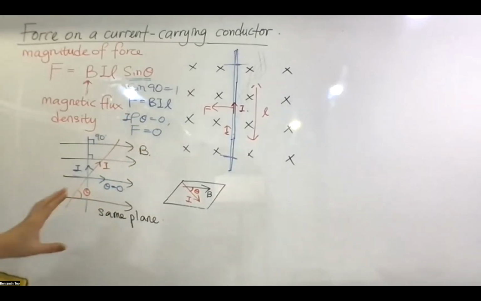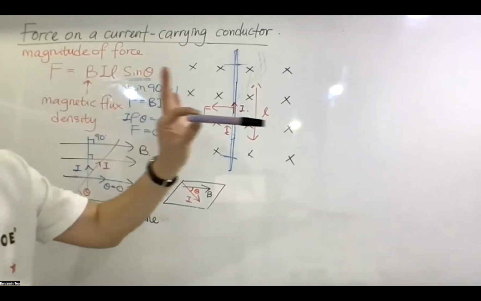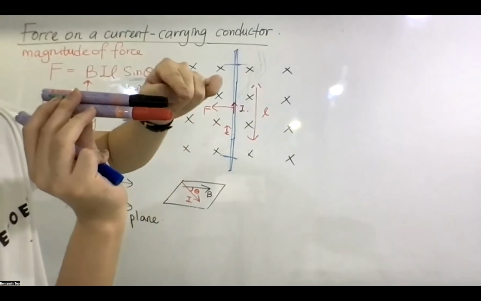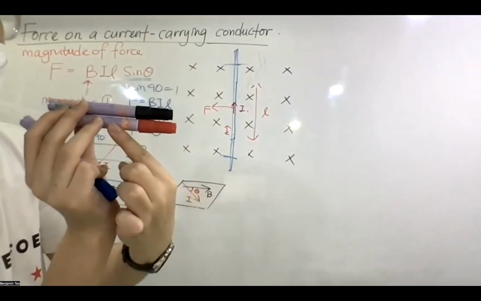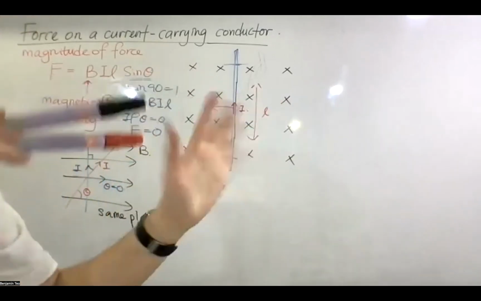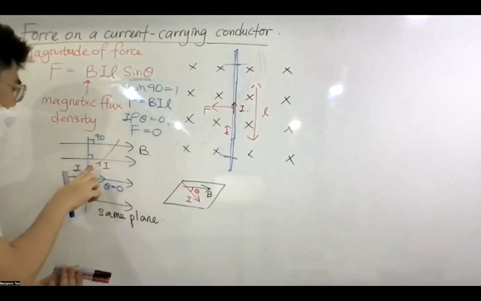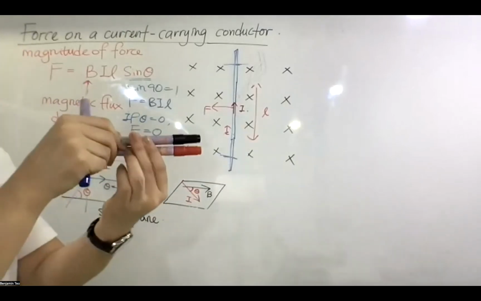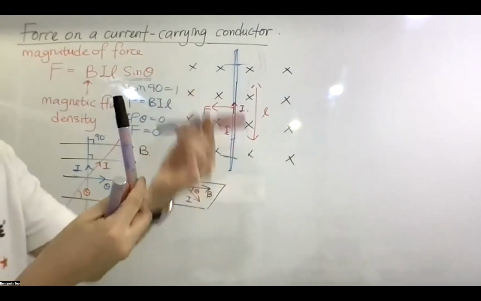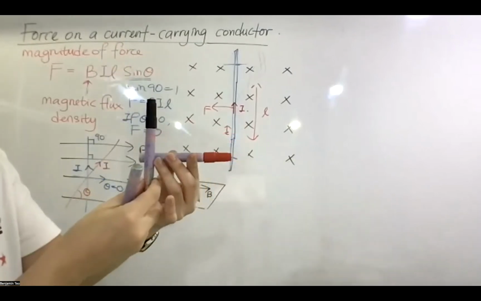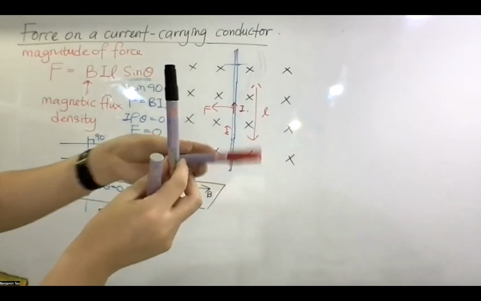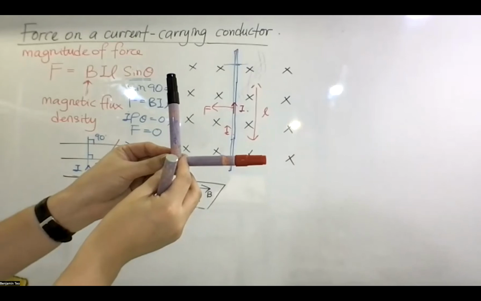What does this tell you? If the field is like this, your wire is like this. This is the field. This is the current direction. Going there or going here, doesn't matter. As long as they are parallel, then there will be no force experienced. Only if like this. This is the field. This is the current. Then what is this? Maximum. Perpendicular is maximum.